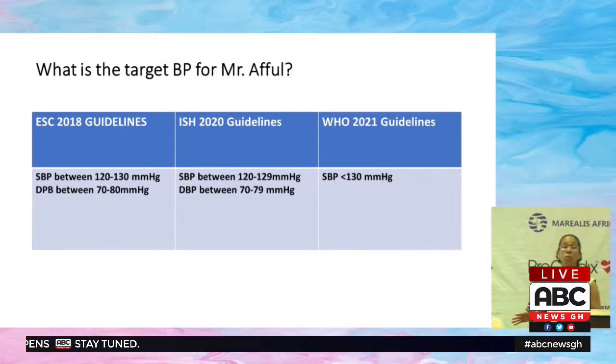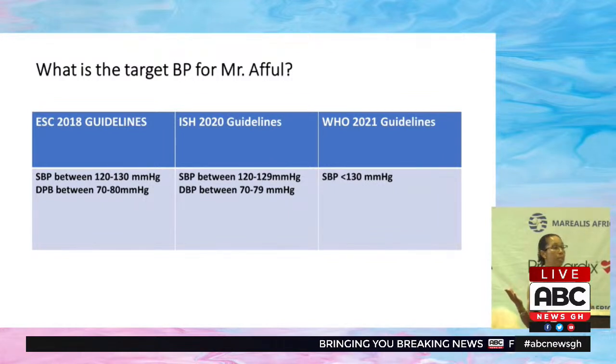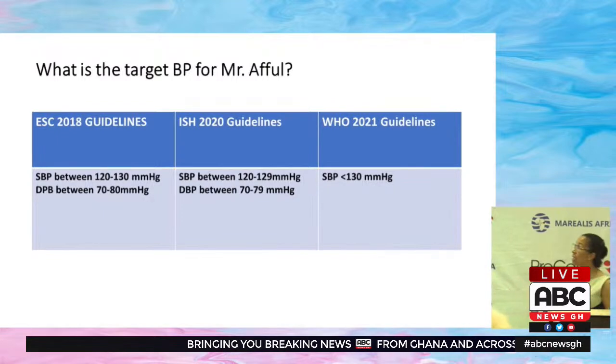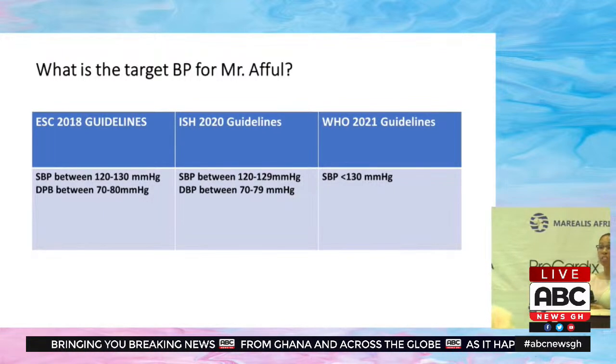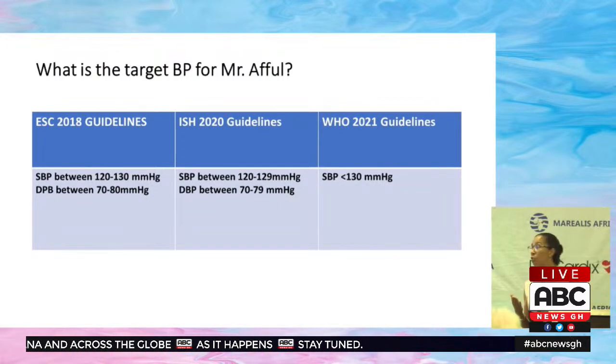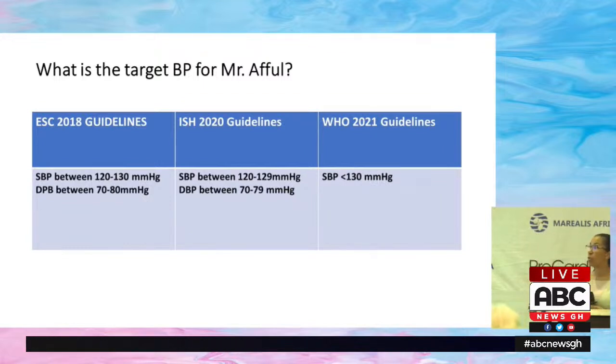But in patients with hypertensive heart disease, we need a lower BP target. That's where the guidelines suggest that the blood pressure target should be between 120 to 130 millimeters of mercury systolic, and the diastolic BP should be between 70 to 80 millimeters of mercury.